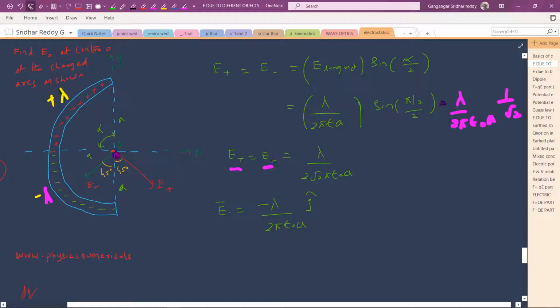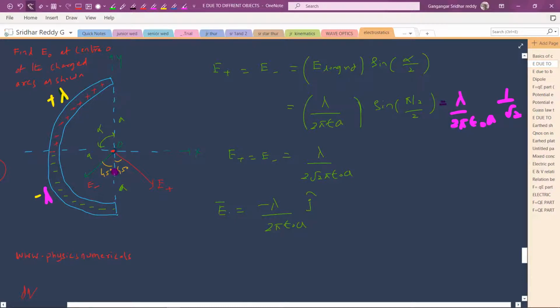So the resultant. Due to the positively charged quarter circular arc, the field should be in this direction. Are you looking at this? Due to the negative charge, the field should be directed towards the arc. See this E minus. Then both will subtend an angle of 45 degrees with the vertical. So horizontal components will cancel.